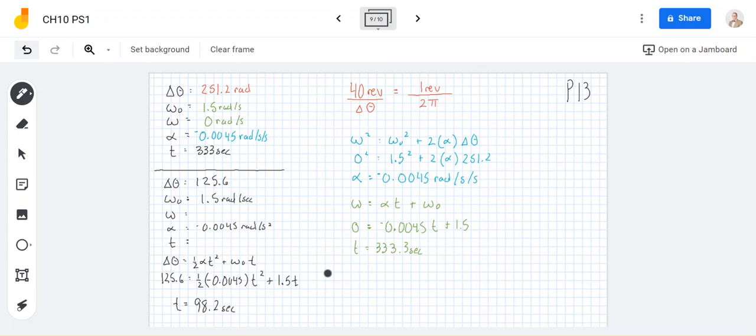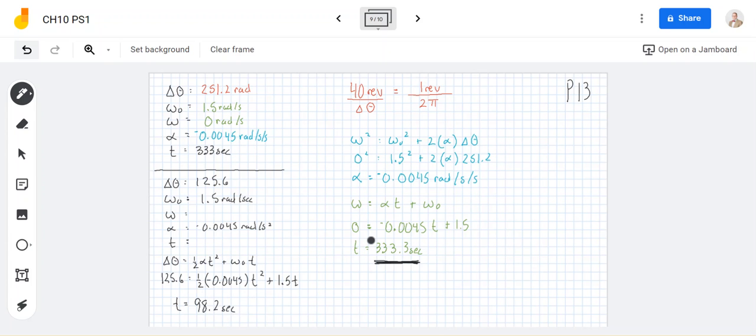So I think they're doing two things here that I find interesting. One, they're saying, like, in order to solve this, you have to use a quadratic. That in itself is actually kind of interesting to me. There's other ways to do it, but this is the most straightforward in my opinion. The second thing that they're pointing out, kind of sneakily or slyly, is that the total time to do 40 revolutions is 333. But the time to do the first 20 is only 98.